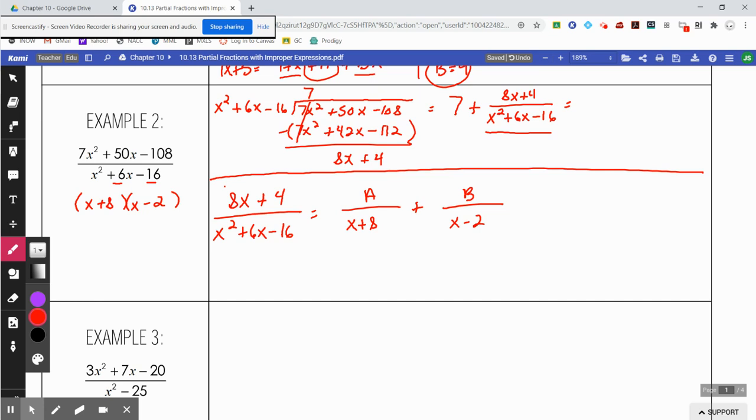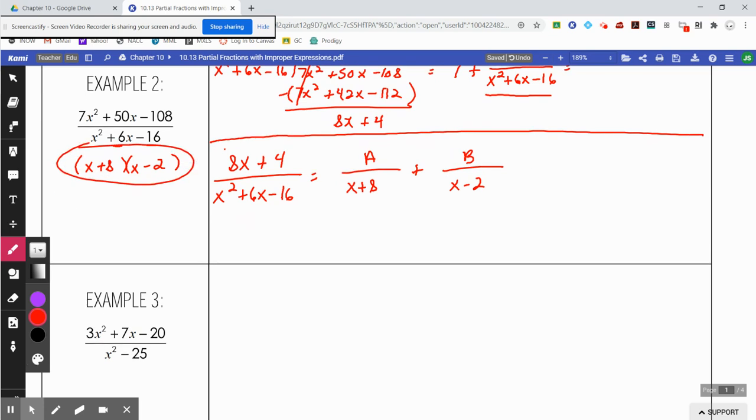Multiply everything by the common denominator, and that gives you 8x plus 4 equals, the x plus 8 cancels here and leaves you with A times x minus 2, plus the x minus 2 cancels here and leaves you with B times x plus 8.